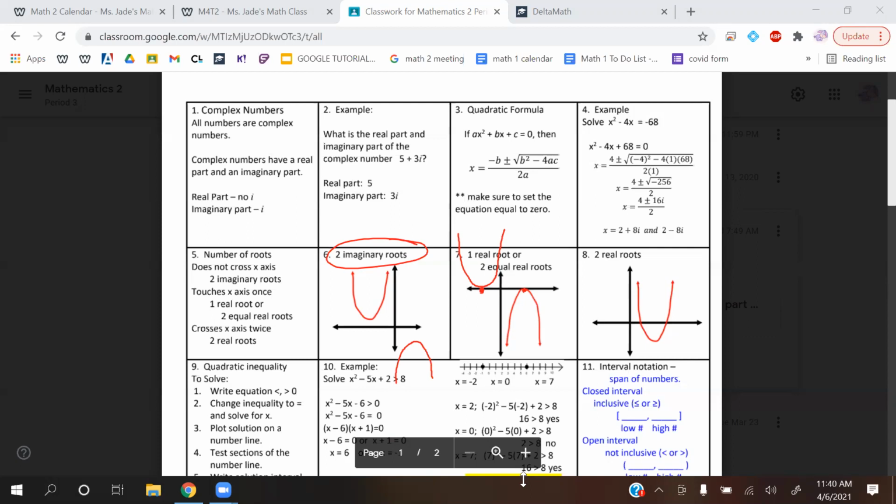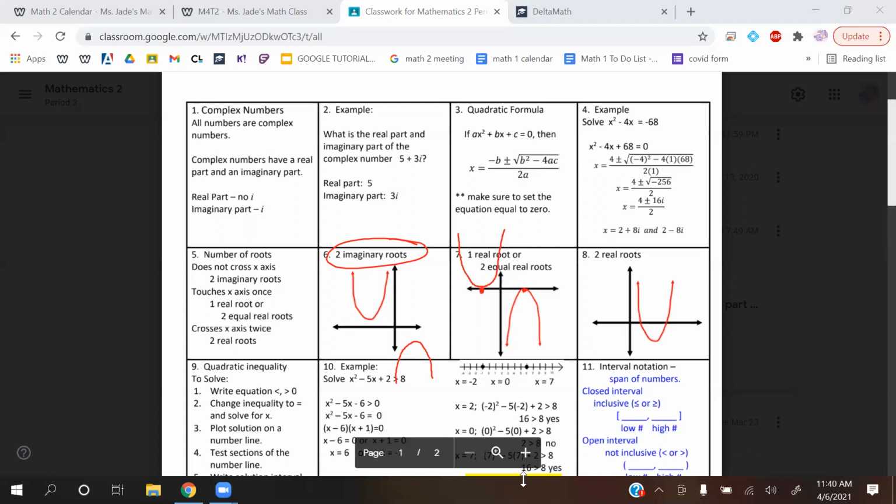And since quadratics are supposed to have 2 roots, you can count it as that same root twice, or you can just say it has 1 root. So when it touches it one time on Delta Math, it is called 2 equal real roots, meaning it's that same root, but it happens twice.